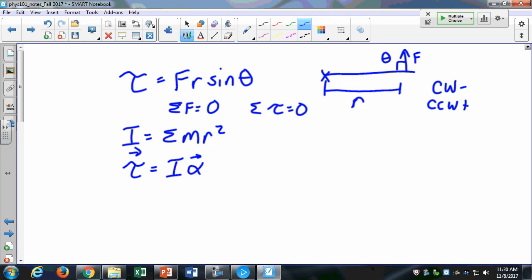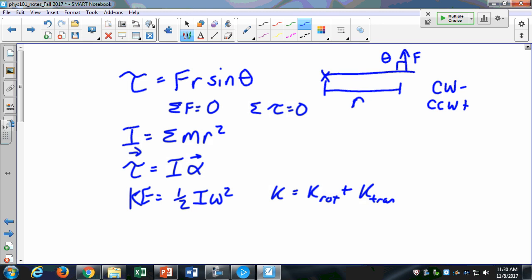Then Newton's second law. Torque is equal to I times alpha. These are vectors, but we haven't really been treating them as vectors, but that's okay. So when we find our net torque, we can determine the angular acceleration of that object. And then kinetic energy is 1/2 I omega squared. Remember that the total energy is equal to the rotational kinetic energy plus the translational kinetic energy.